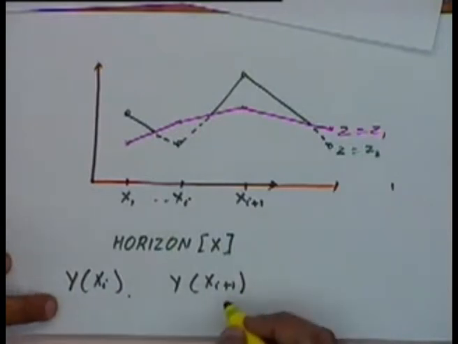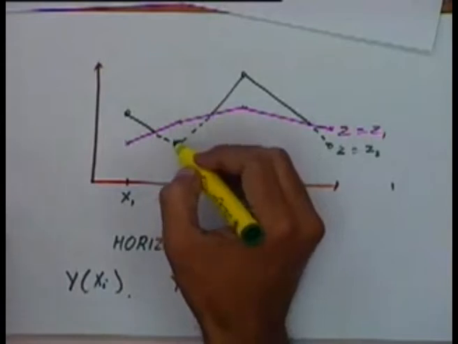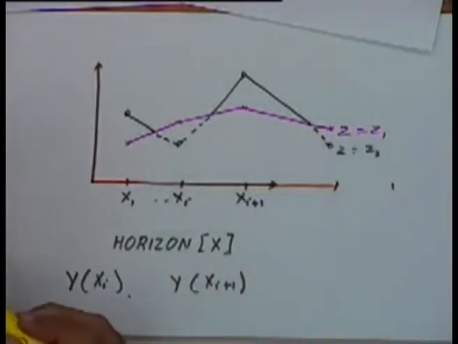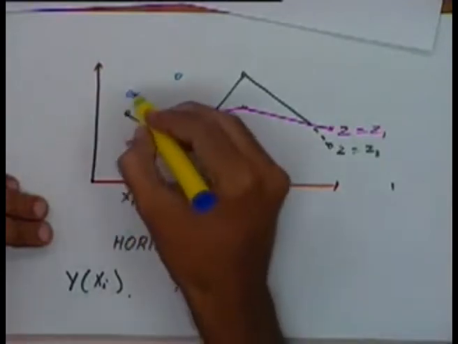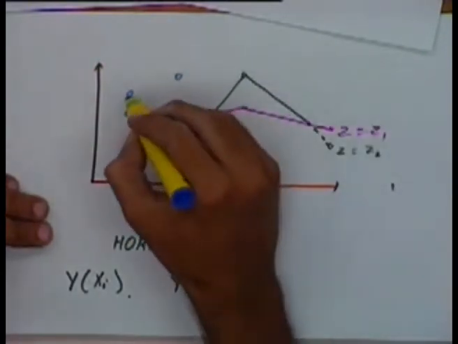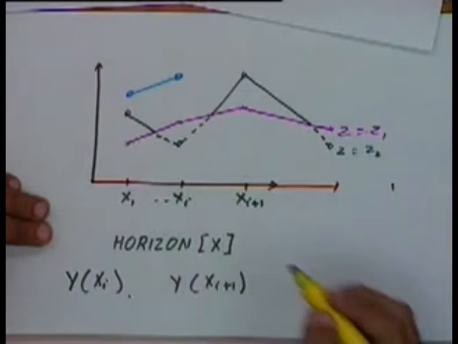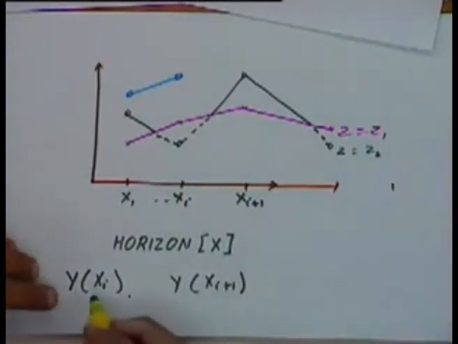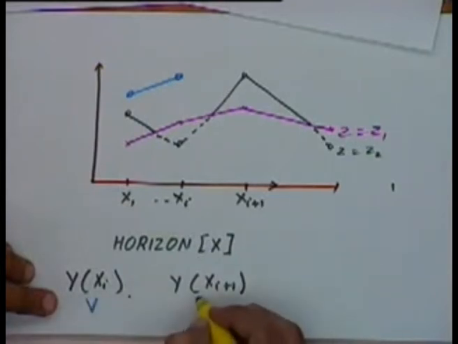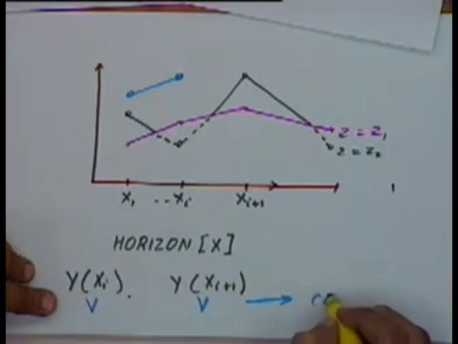If the curve is visible at both the points, let's say if we have data points like this, both these points are visible, then the complete curve is visible.